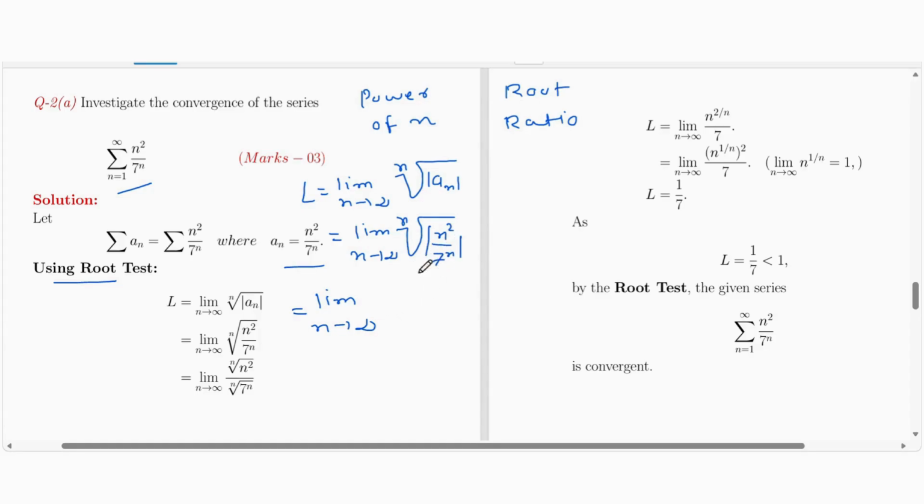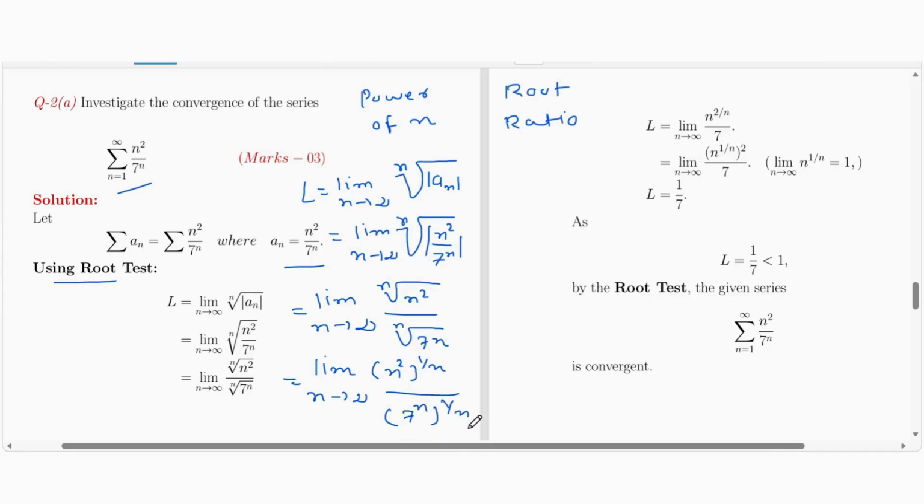Now separate the nth root. So nth root of n square upon nth root of 7 raised to n. Now again rewrite the term. We get n square raised to 1 by n in the numerator, and in the denominator 7 raised to n raised to 1 by n.